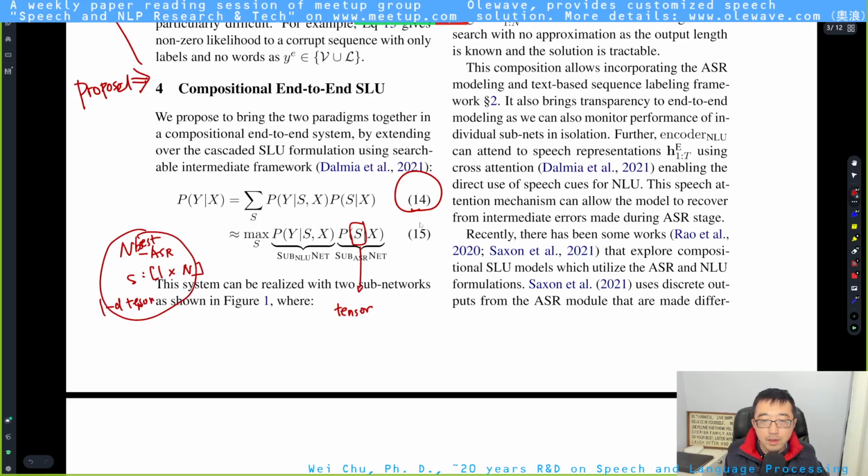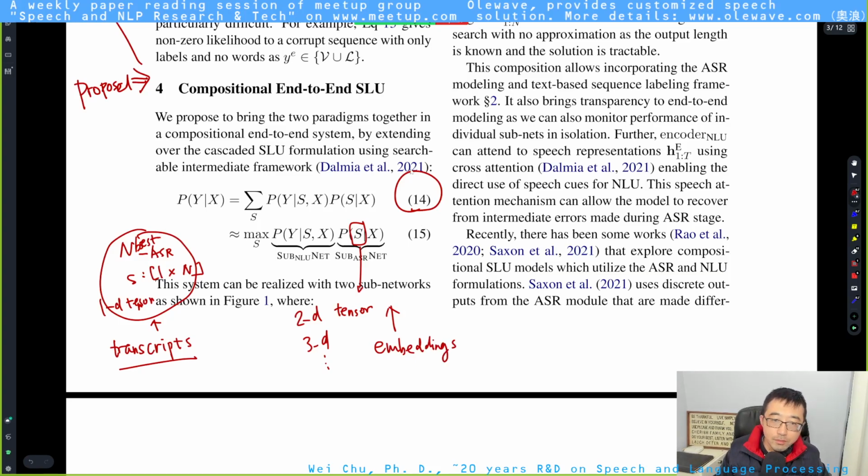And in their proposed method, that can be either a 2D tensor or even a 3D tensor or multiple dimensions, because S is no longer a transcript sequence. In this one, S is an embedding.